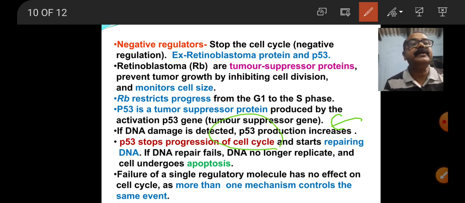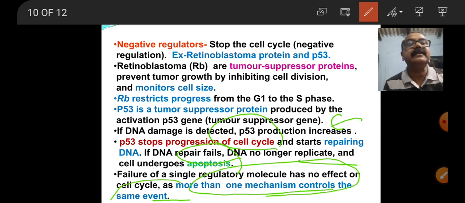If DNA repair fails, DNA no longer replicates and the cell undergoes apoptosis. Failure of a single regulatory molecule has no effect on cell cycle, as more than one mechanism controls the progress of the events in the cell cycle.